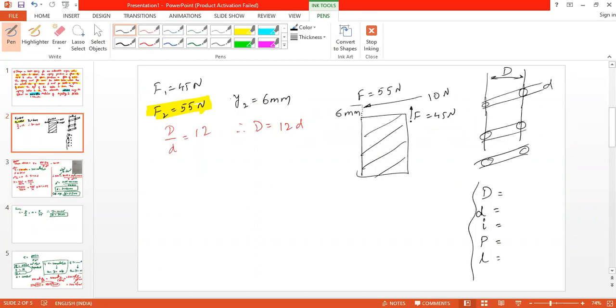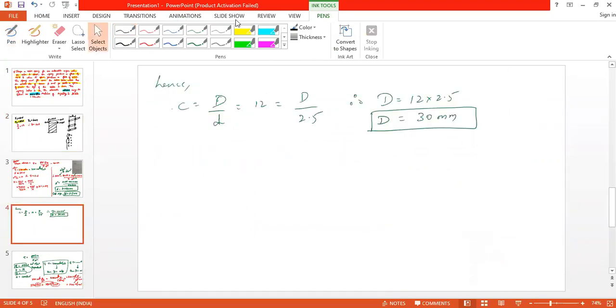So what will be the outer diameter? See, the mean coil diameter is this.